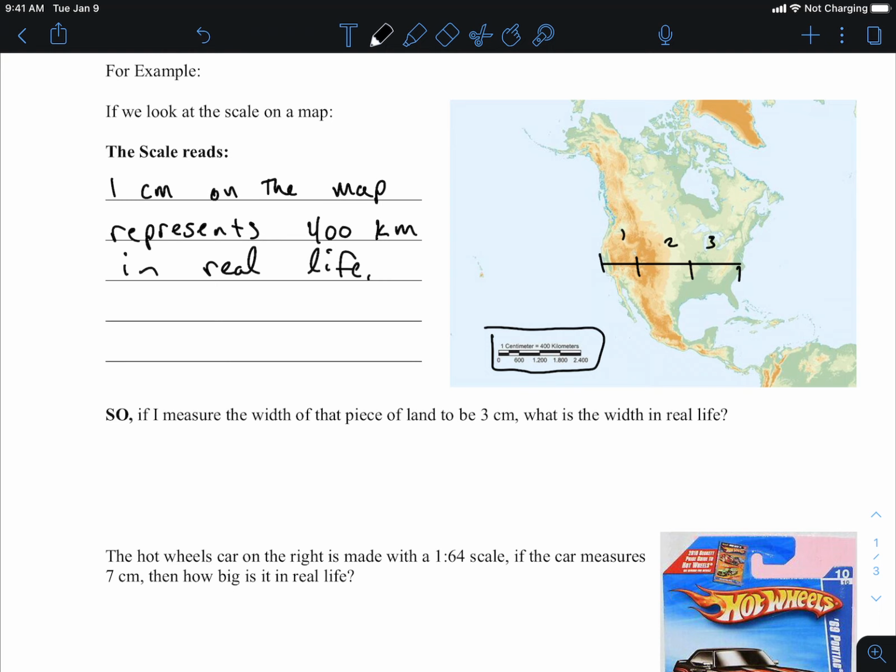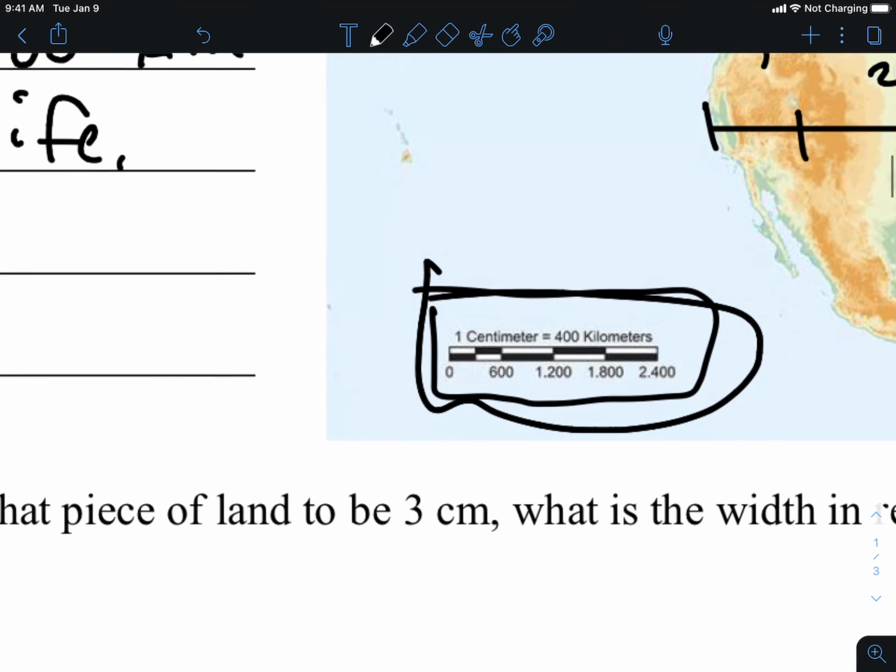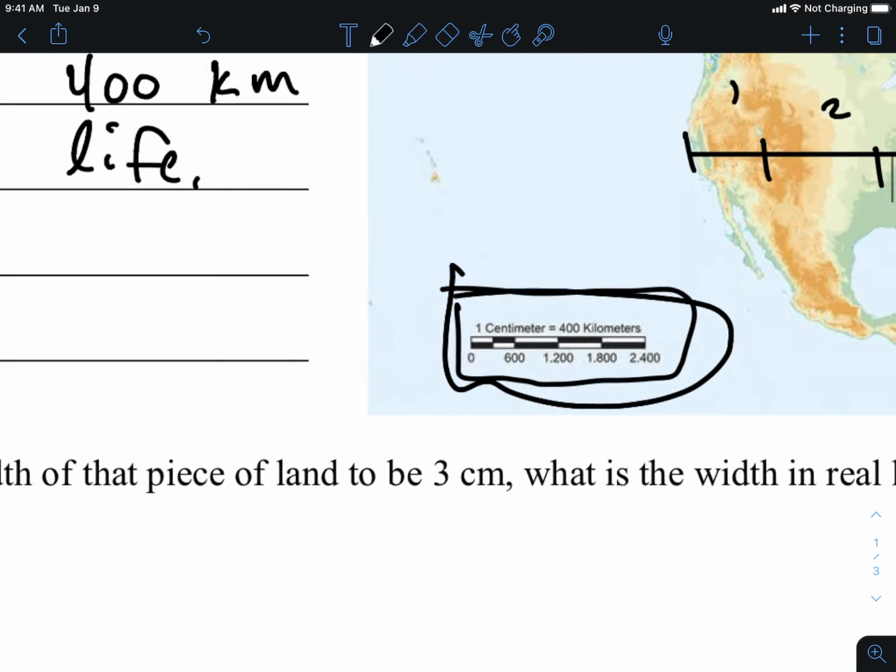I know the scale, not the scale factor, that's just from right here, where it says 1 centimeter is 400 kilometers, right?